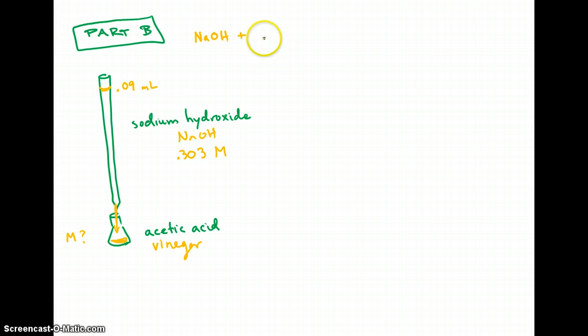Acetic acid is HC2H3O2. All right, I'm going to underline my cation once, underline the anion twice. In this case, acetate is our anion here. It's a long one. So sodium will go with that.